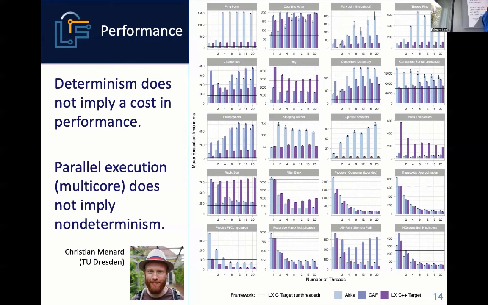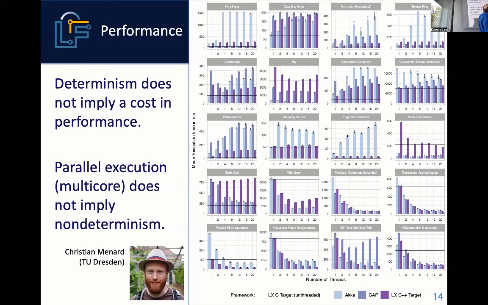And you can see that as you add cores, this particular benchmark runs faster. For this one, I guess, was not implemented in CAF. But for our C++ target, it also trails off, but it significantly outperforms ACA by a factor of 4. The C runtime was run not in parallel here, so it didn't depend on the number of cores, but it also outperformed ACA.